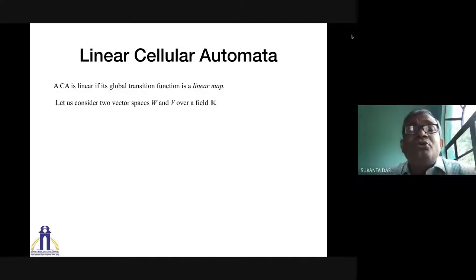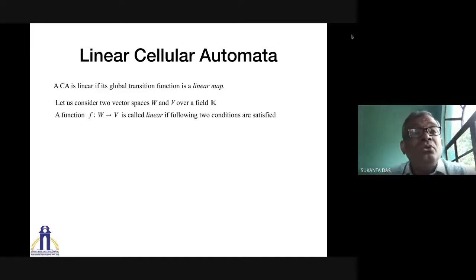Now, when we call a function linear, let us consider two vector spaces W and V over a field K. So we are considering the linear function. Now we call a function f from W to V linear if two conditions are satisfied.